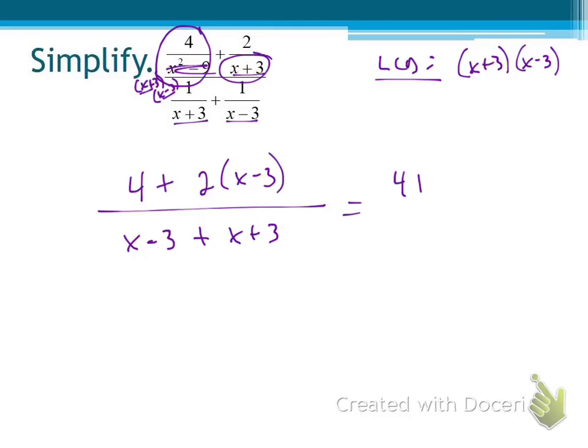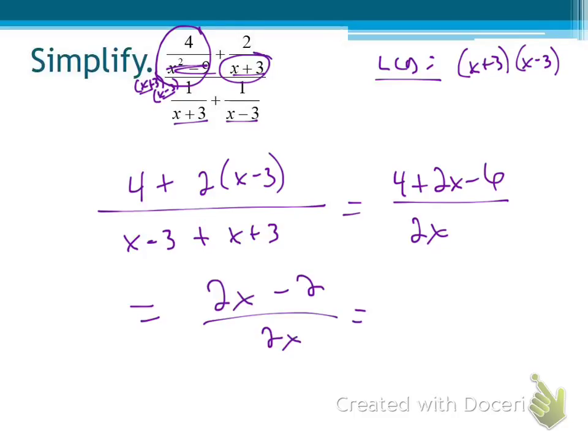And so now we're going to distribute. Simplify the denominator. And let's see, rewrite in standard form, we get 2x minus 2 over 2x.